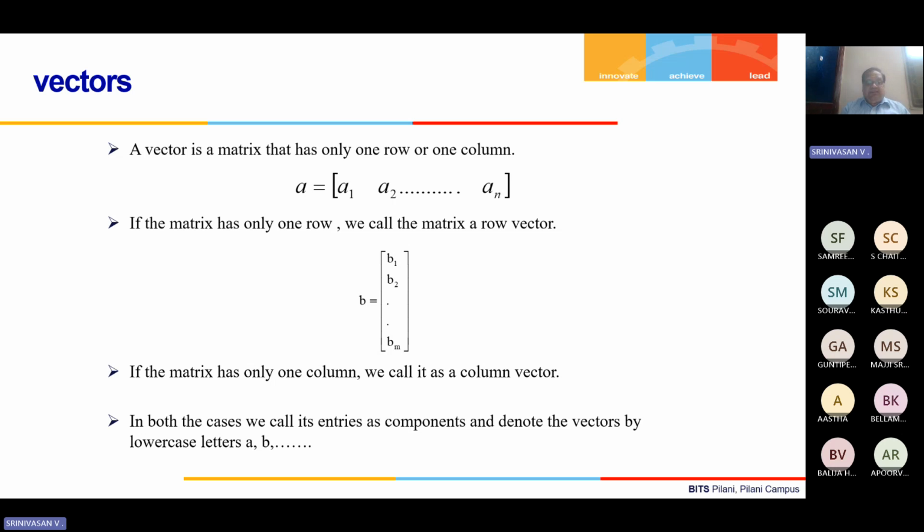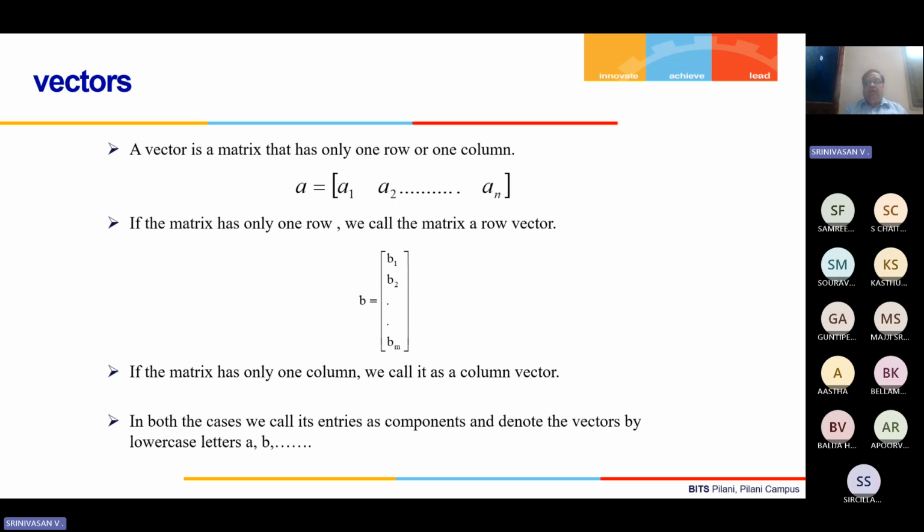A vector is a matrix that has only one row or one column. So a row matrix or a column matrix can also be referred to as a vector. So here, vector A is to be construed as vector A with some kind of boldness. So you have a row vector whose components are A1, A2, etc., An. Don't put any commas.